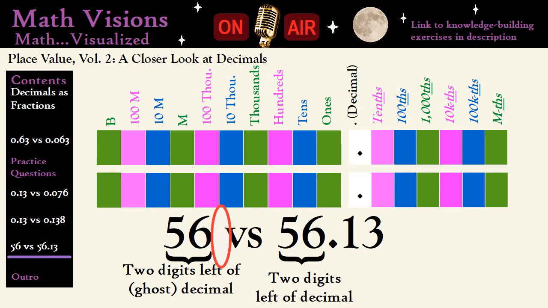Our first number is blank just to the right of where the decimal would be, so we'll treat that as 0. And our second number has a 1 just to the right of the decimal. This means that our second number, 56 and 13/100ths, is slightly more than 56 by itself, just like $56.13 is more than $56 even.